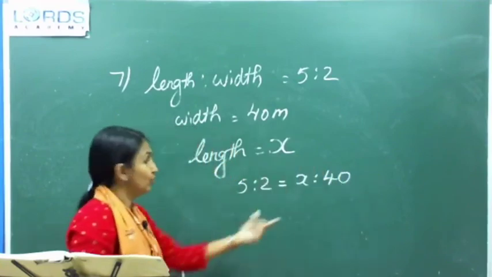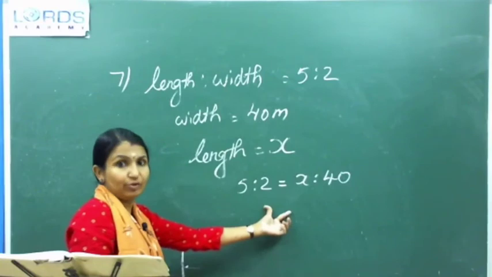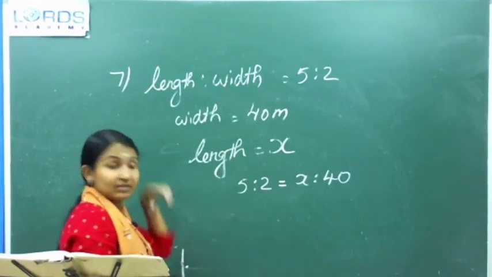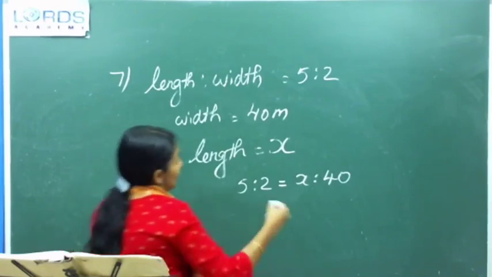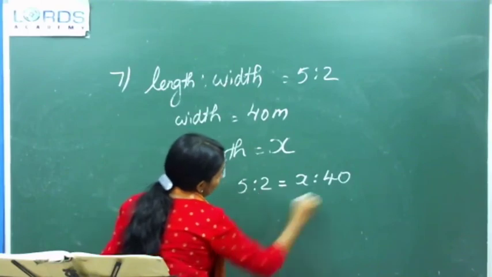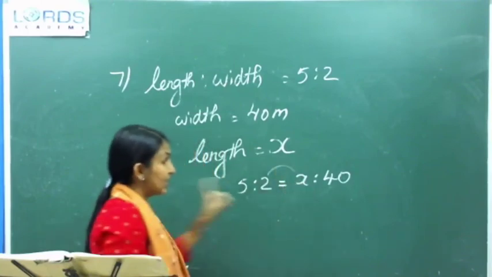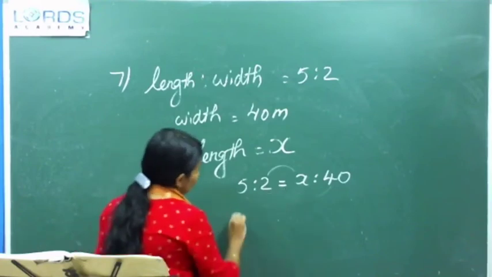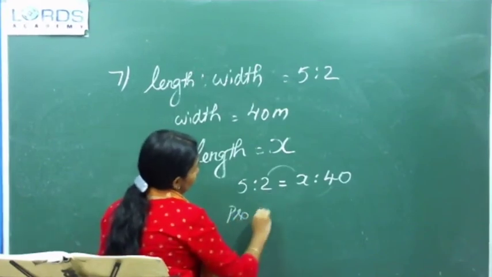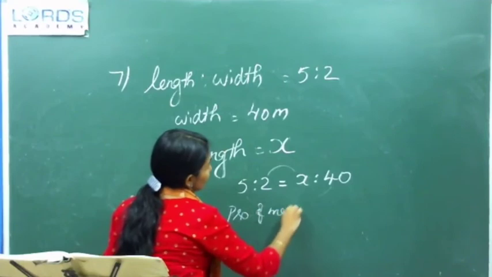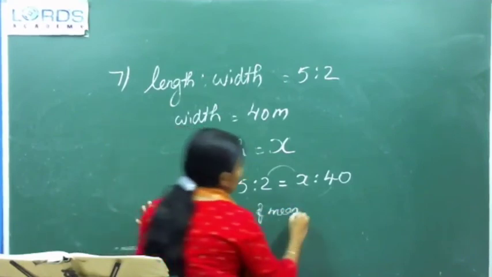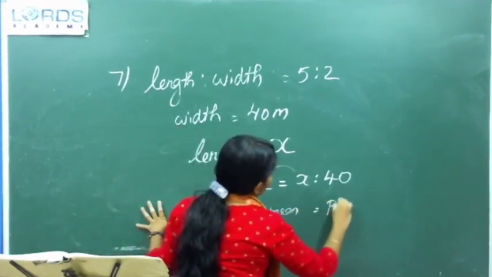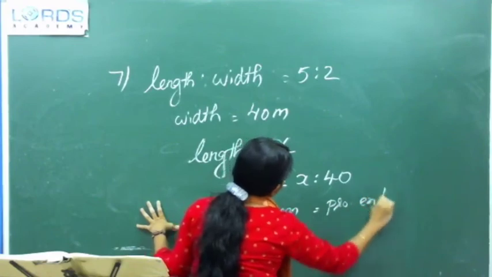Now we know how to find out the value of x, right? Product of extremes is equal to product of means. So this side 2x we will write, product of means is equal to product of extremes.